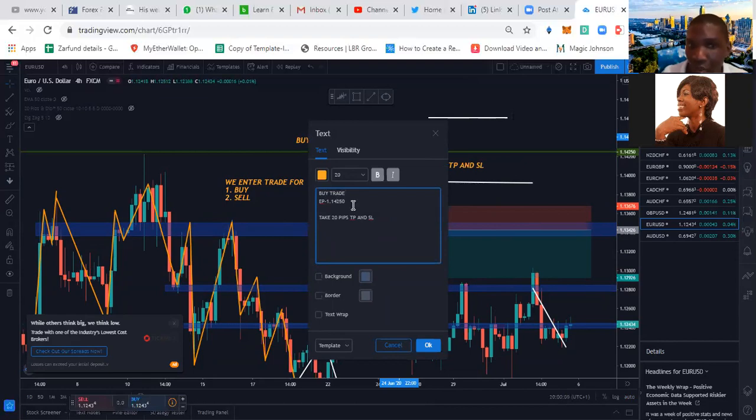So this is how you calculate your 20 pips. You have the entry price, EP. EP plus 20 pips equals take profit.